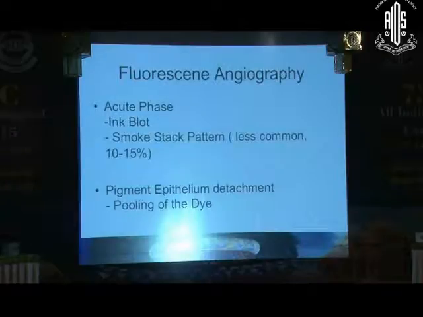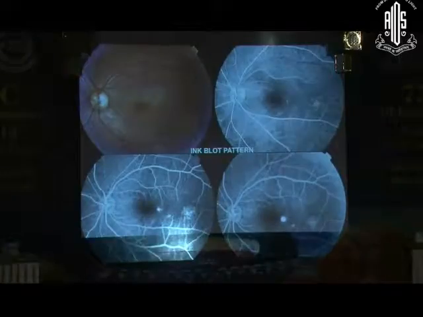Fluorescein angiography is the basic test which we usually do before treating and even for assessing. At the acute phase, we get ink blot leaks and also the smokestack pattern. Then in pigment epithelium detachment cases, we get pooling of the dye. These are a few of the cases we will show you, where we can see the ink blot pattern.